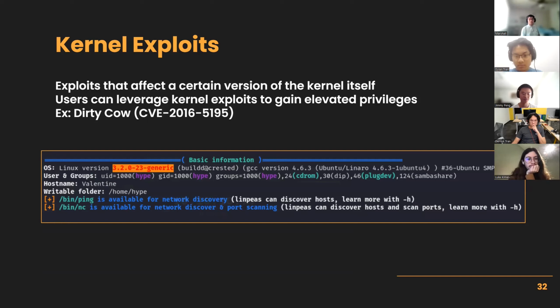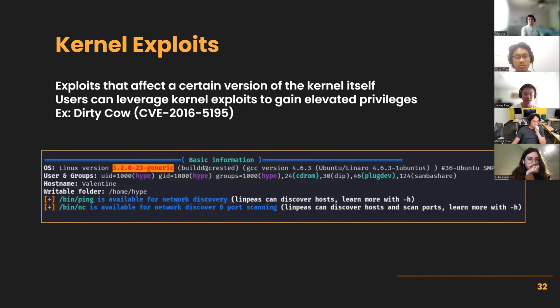The screenshot shows an output by LinEnum with the outdated kernel version. If you want to do this manually, you could cat the /proc/version file and use searchsploit or another tool to try to find an exploit for this particular version.